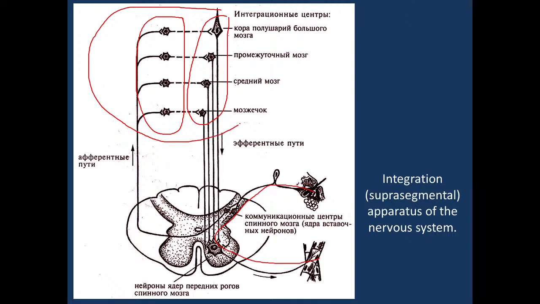This is the brain, and usually there are pathways that inform our brain from the level of the spinal cord.